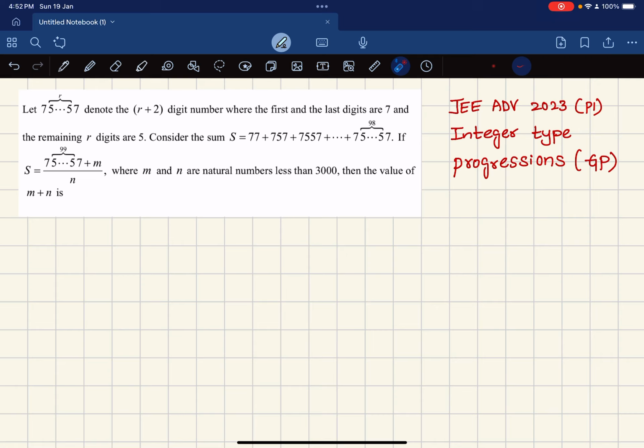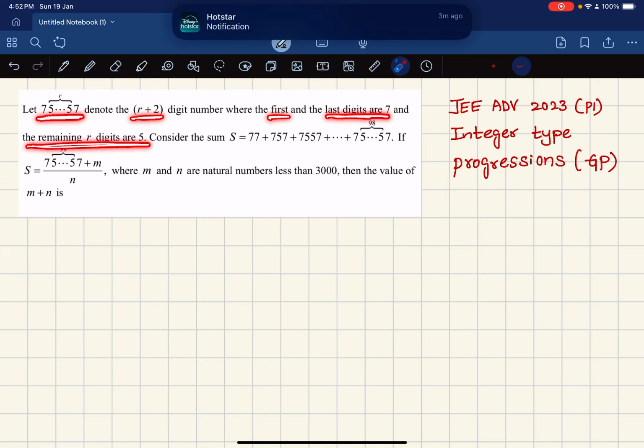So let us go through the question. Let this denote an r plus 2 digit number where the first and last digits are 7 and the remaining r digits are 5.